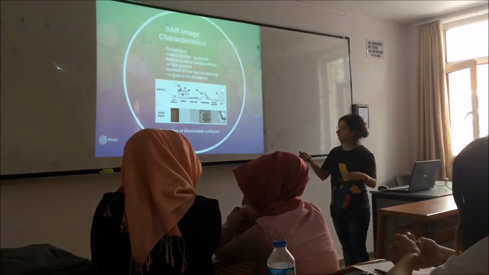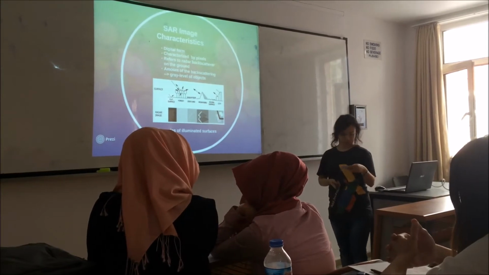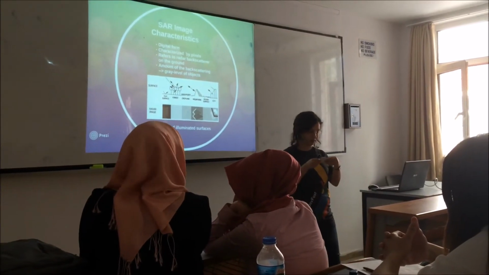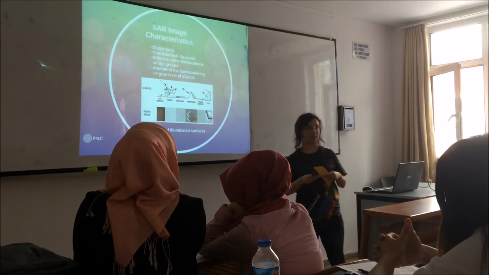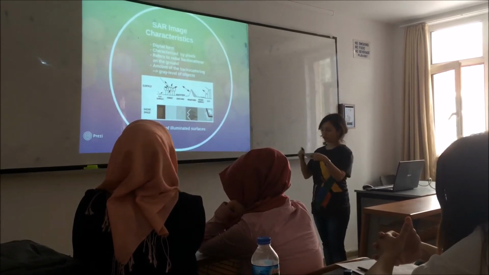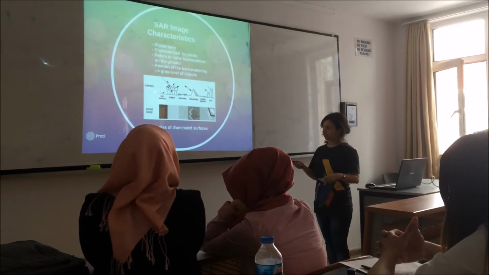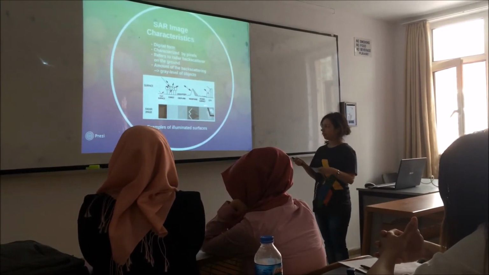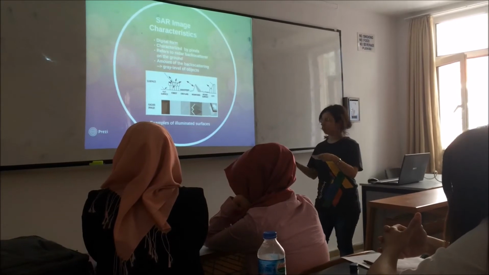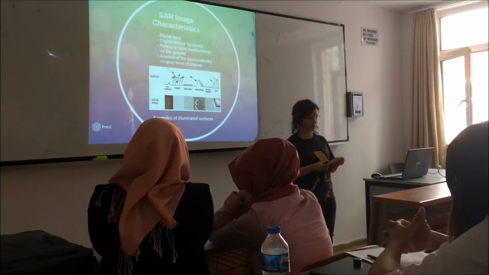You can see here, light tones. In general, large energy is reflected to the radar; dark features here have little energy, and if very little energy is reflected, then it's darker.